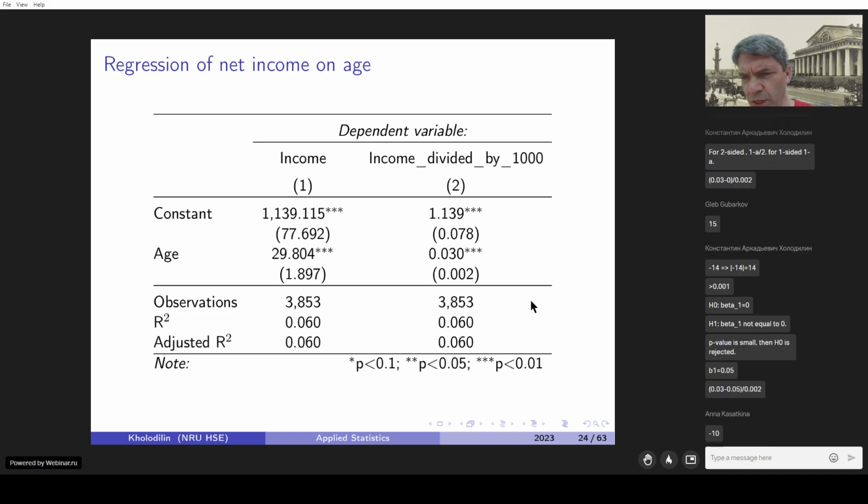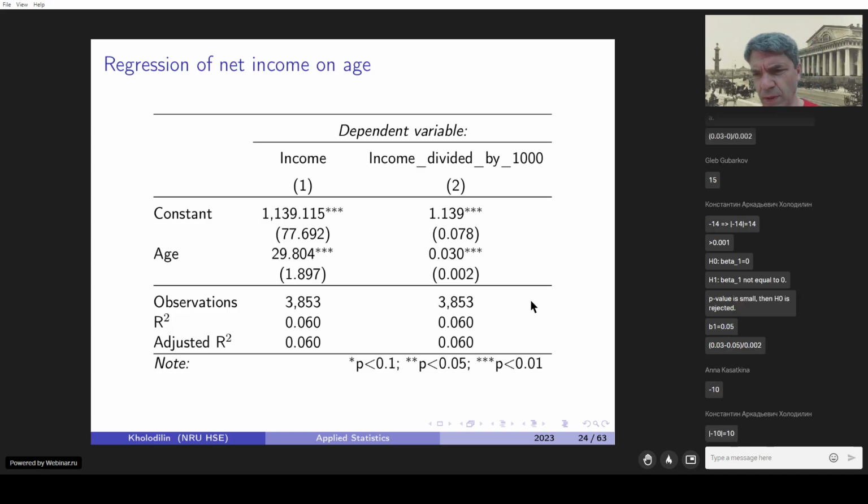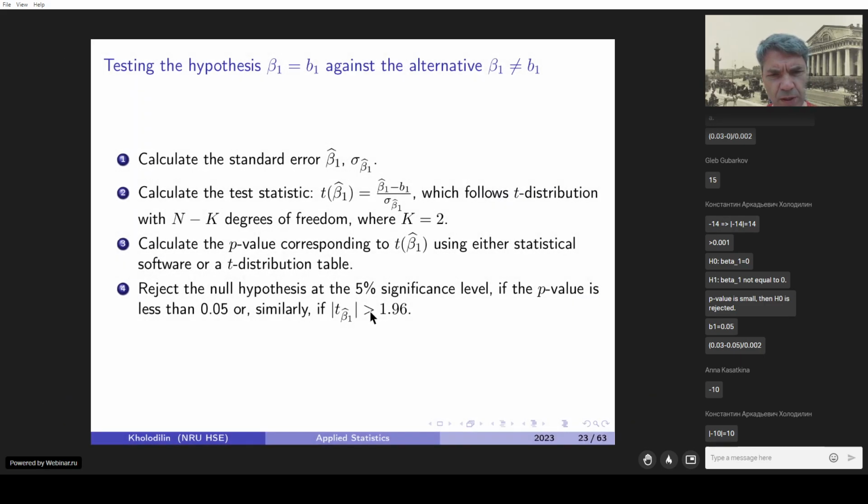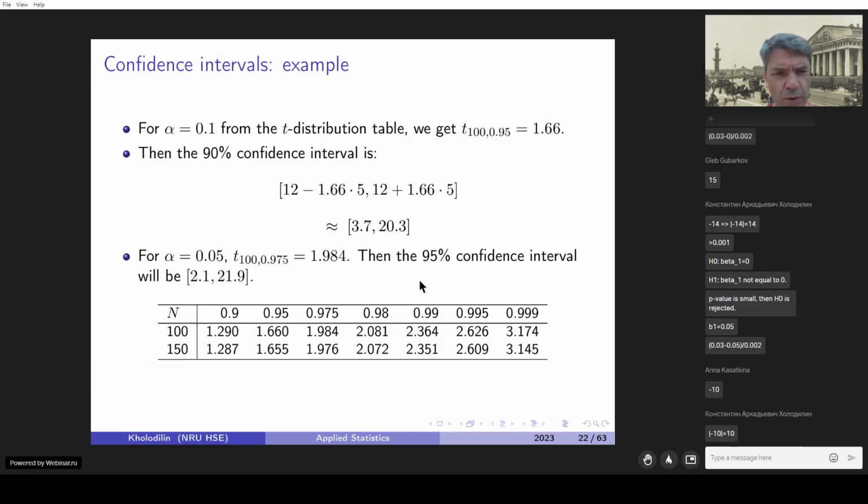So in this case, we test the hypothesis that the coefficient is equal to 0.05. So again, we have, thank you, Anna, minus 10. So we have to take the absolute value of minus 10, which is equal to 10. And we either plug it into our regression, or we compare it with, for example, if our significance level is 5%, we compare it to 1.976.